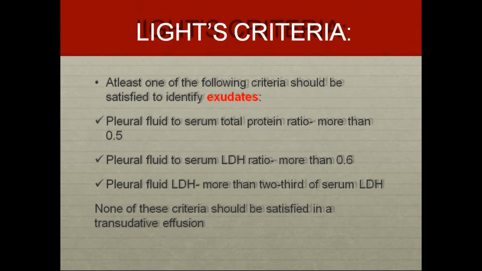It's the ratio of pleural fluid protein and the serum total protein. If it is more than 0.5, one criterion is satisfied. Second, it is the ratio of pleural fluid LDH to serum LDH. If it is more than 0.6, the second criterion is satisfied. And the pleural fluid LDH is more than 2/3 of the serum LDH.